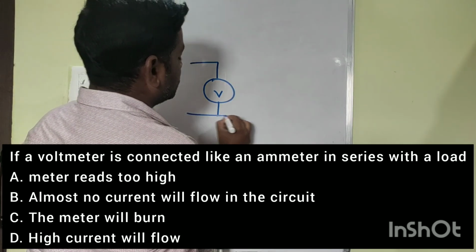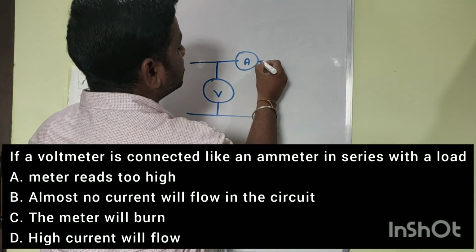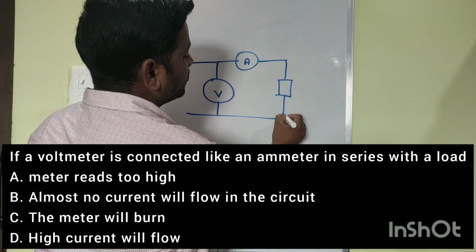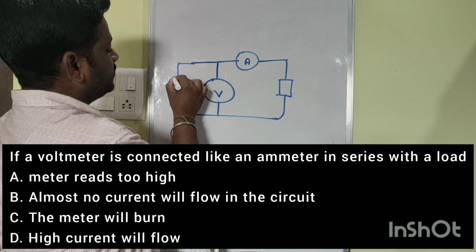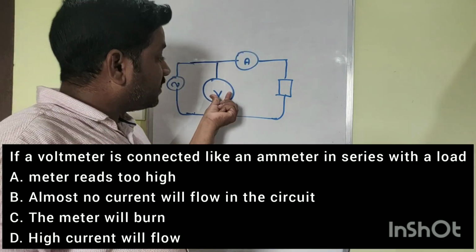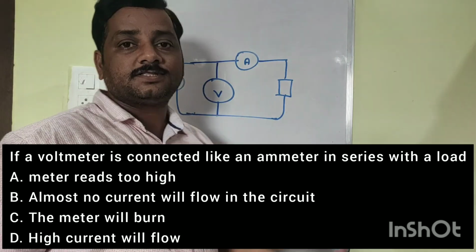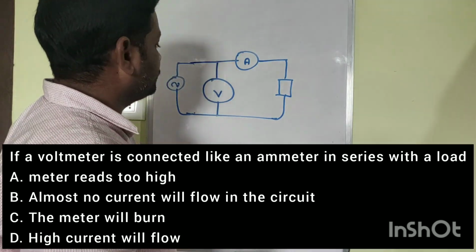Voltmeter will always be connected across the supply and ammeter will always be connected in series to the load. If you have a load and a supply here, right? So what happens if I connect this voltmeter in series like an ammeter? What happens to that meter? That's the question.